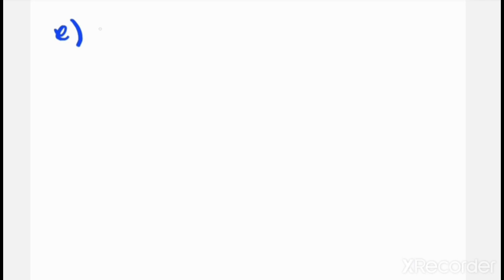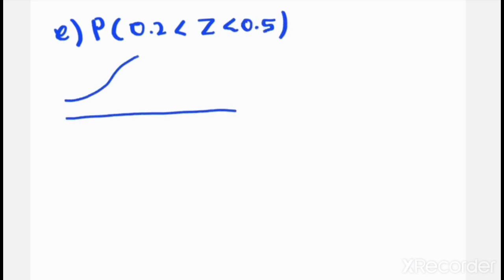In E, we need to find P(Z) from 0.2 to 0.5. Using the bell shape, because we need to find the area under the bell shape from 0.2 to 0.5.